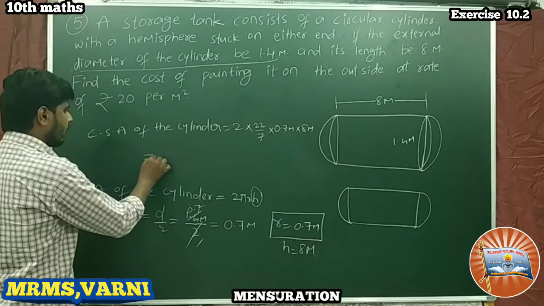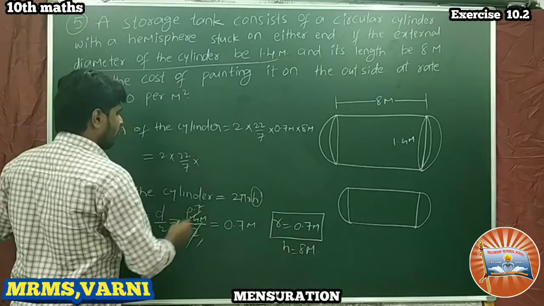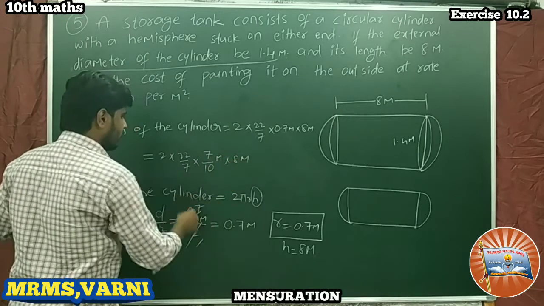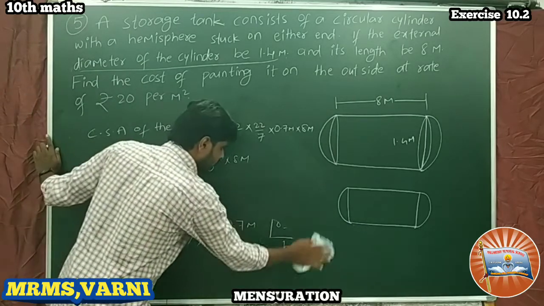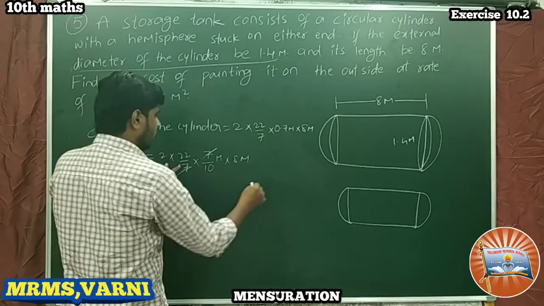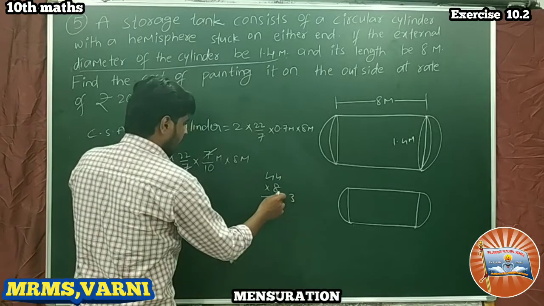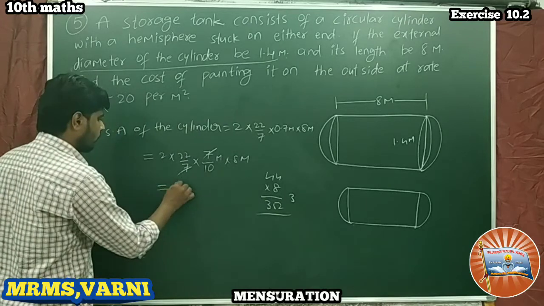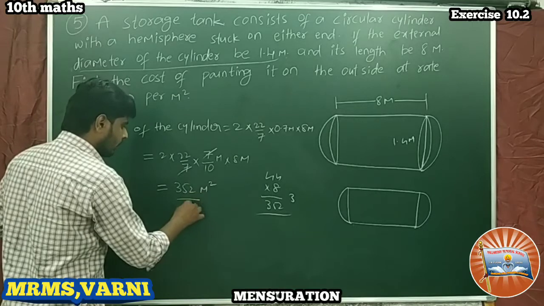So we can write 2 into 22 by 7 into 7 by 10 meters into 8 meters, 7 gets cancelled. So 22 into 2 is 44, 44 into 8 is 352 meter square by 10.